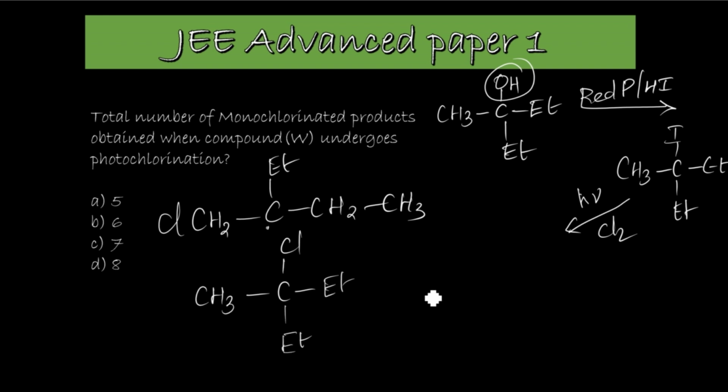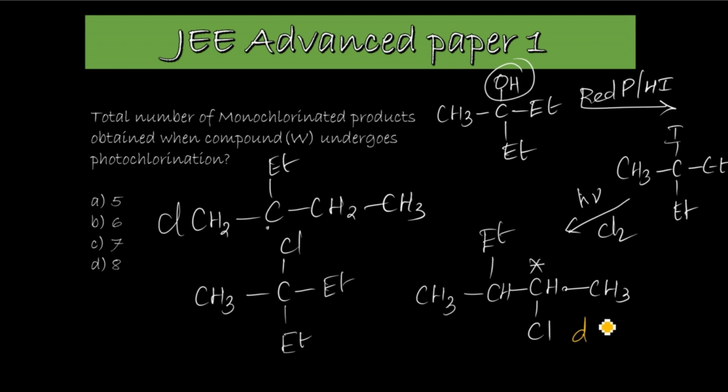Another possibility would be one of those ethyl group is getting that CH2, and CHCl, CH3, and another side ethyl will be there. Right? So that is one possibility. In here you can see this carbon becomes our chiral center. So this can exhibit D and L isomer. Okay. So any other possibilities do we have?